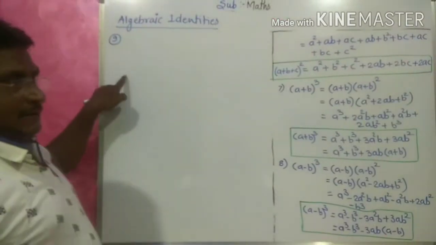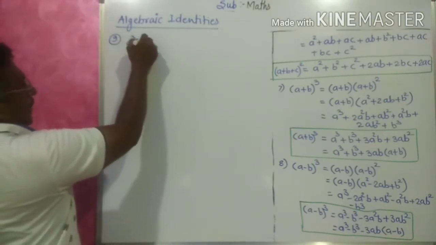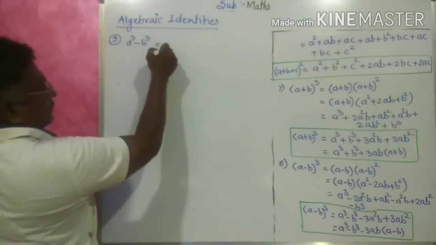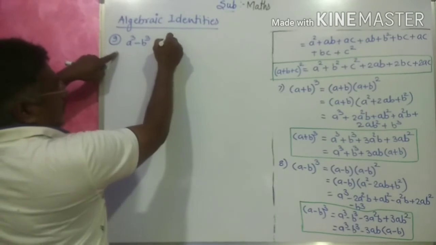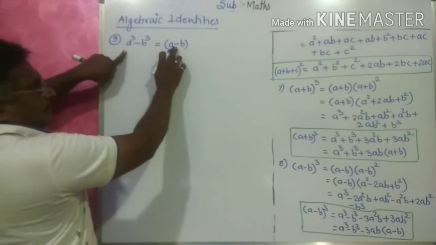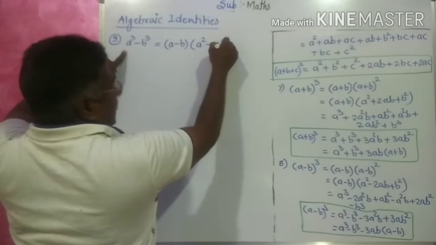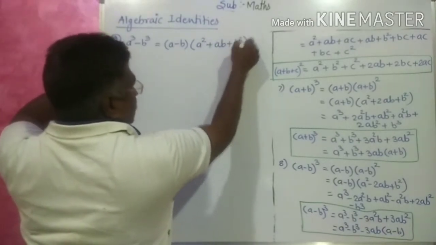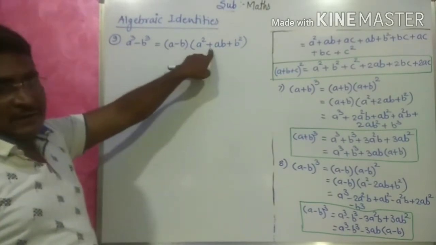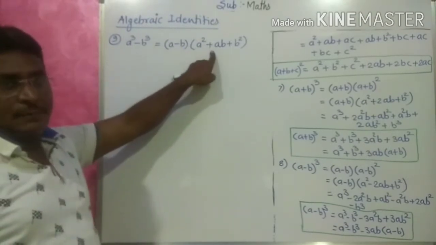Now 9th identity. What is that? A cube minus B cube. In this identity, A minus B, here minus is there, so here a square plus AB plus B square. If here minus is there, the middle sign will come plus. If here plus is there, the middle sign will come minus.